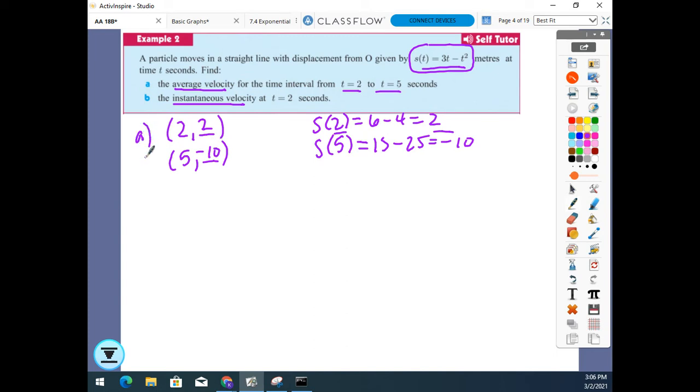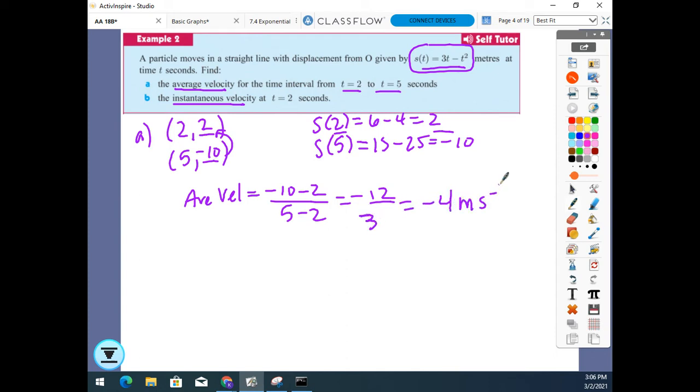So for letter A, the average velocity is my change in y, subtracting the y's, over my change in x. So that's negative 4 meters per second. This is my average velocity, the slope of 2 points.